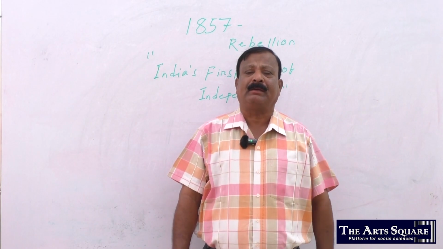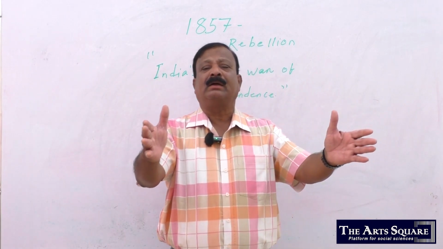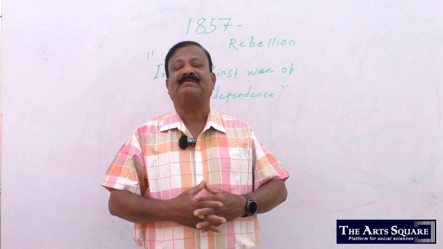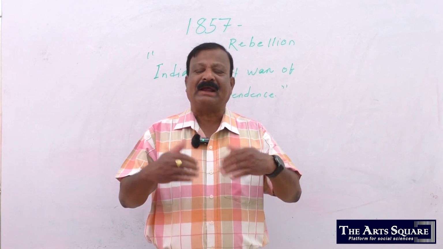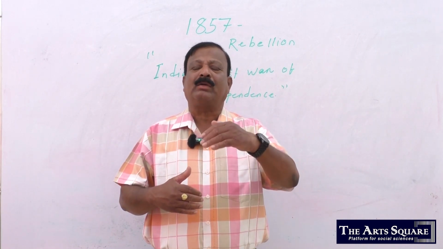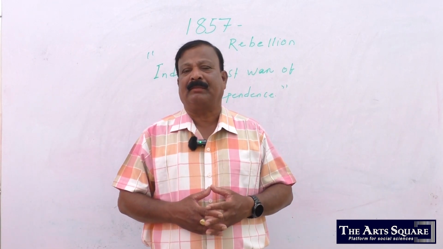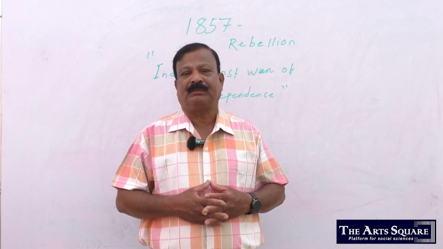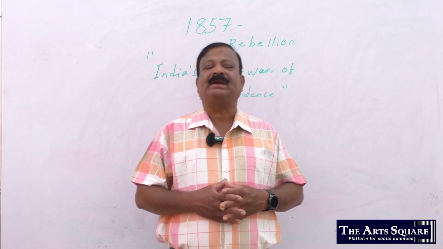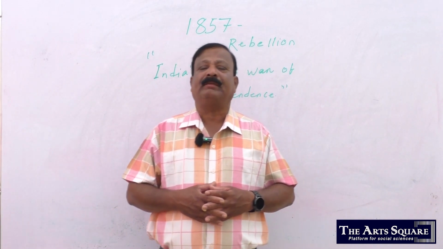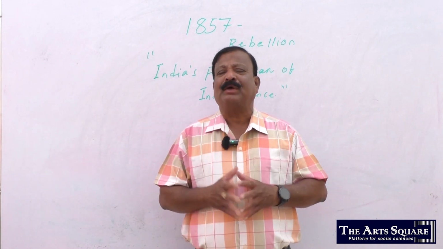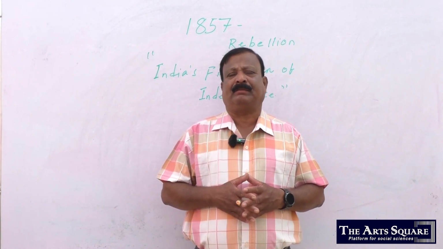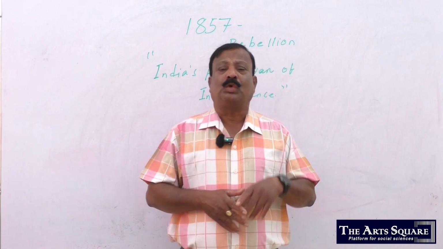Rather, he is happy because they had no unity among themselves. That is why the British started war with one king after another and became victorious. That was the first political turmoil in India. So Indians' lack of unity and integrity invited the British to rule over India.